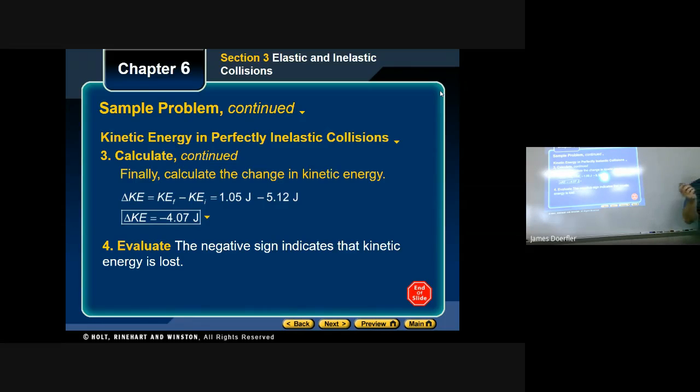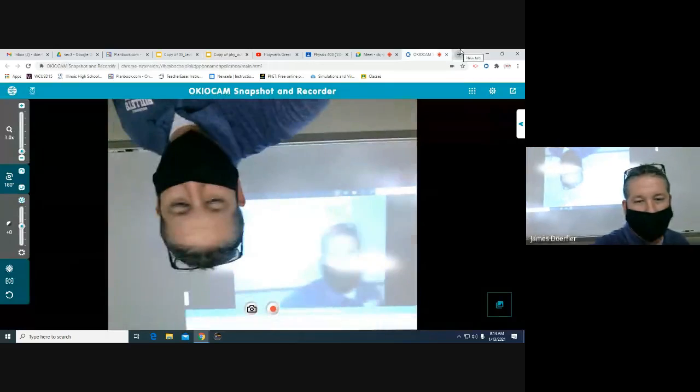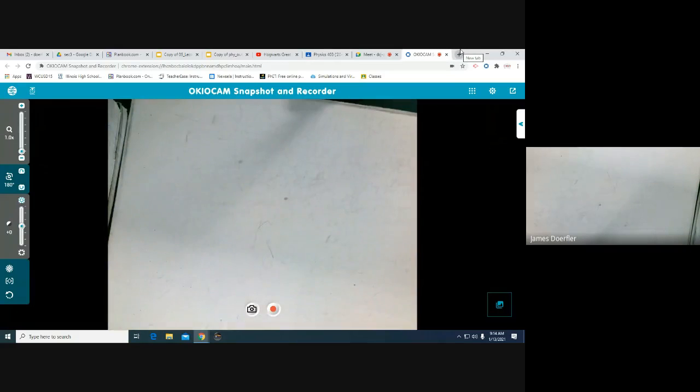Now, we're going to do a practice problem here in just a moment. But before we go there, you have another slide that says, write the formula here for percent decrease in kinetic energy. I'm going to give that to you right quick, because like I said, you're going to need it for, I think, one problem. The more formulas, the merrier.